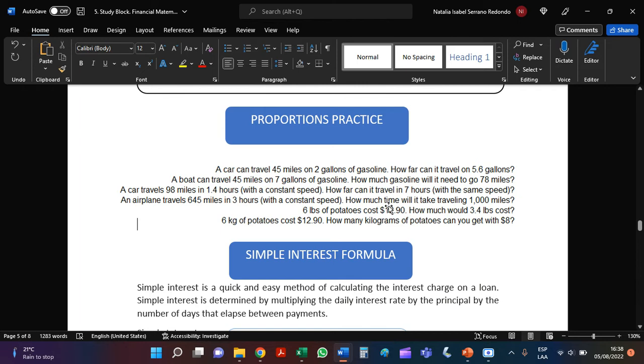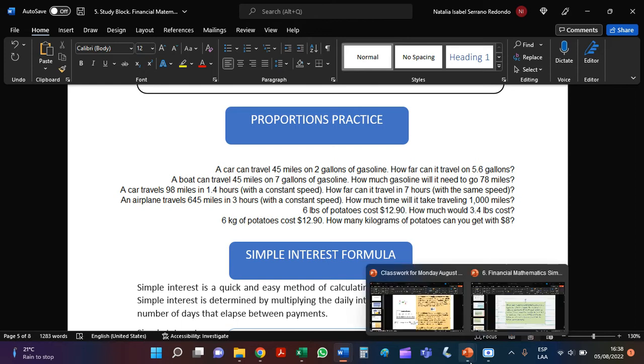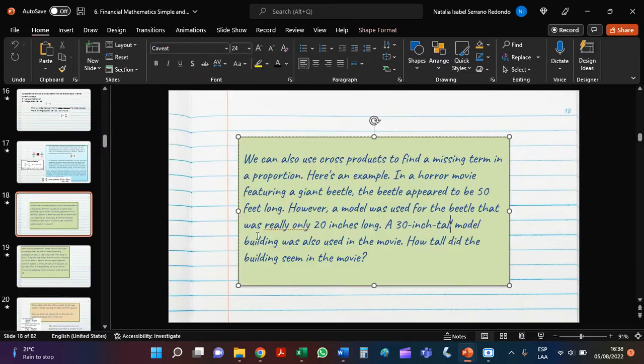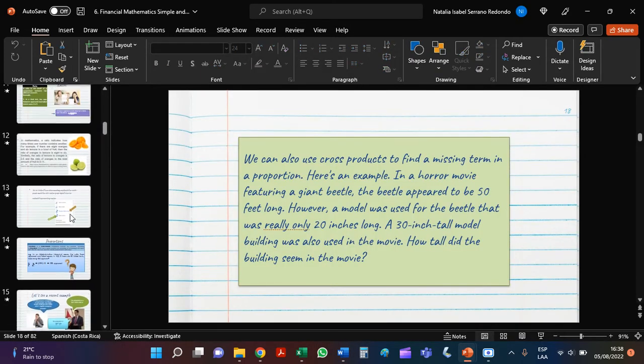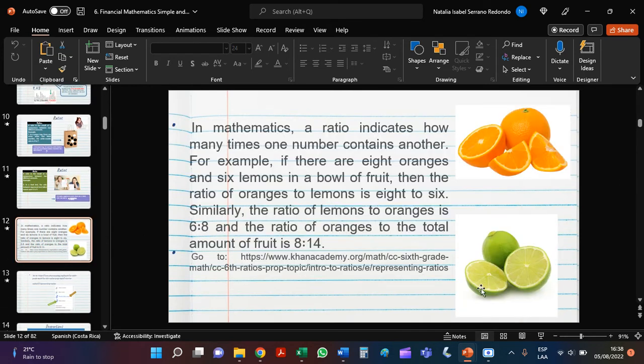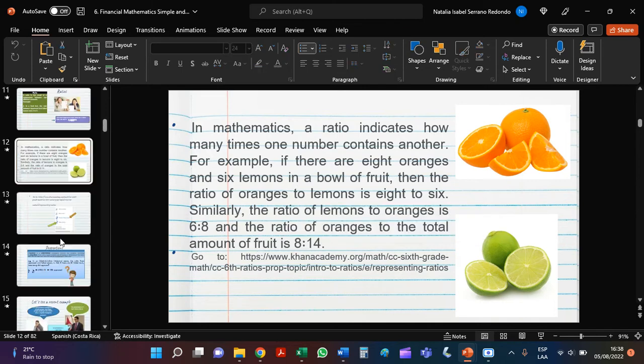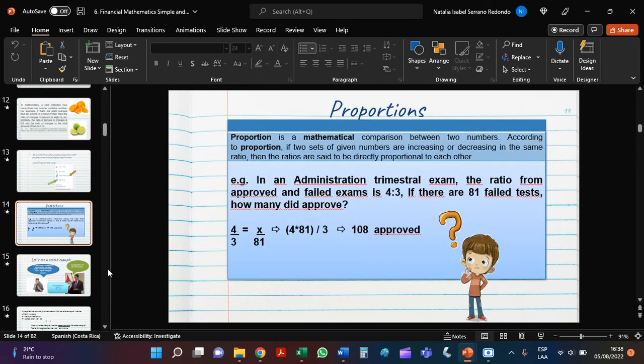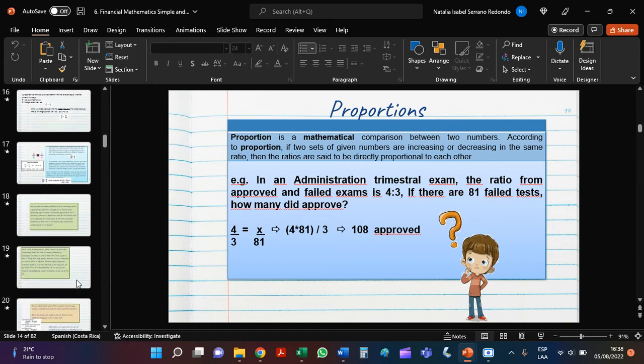Now, this is the practice number one. This is the classwork number one that has to be done based on the explanation that we had before, okay? Based on the explanation that we started last week with the oranges and the lemons, creating the proportions, and also with the explanation and the review that we just did. That is classwork number one.